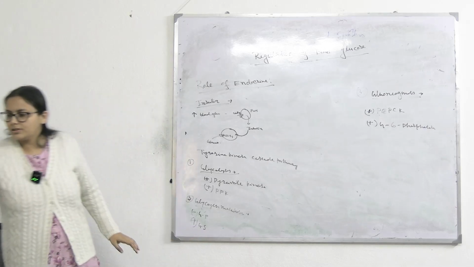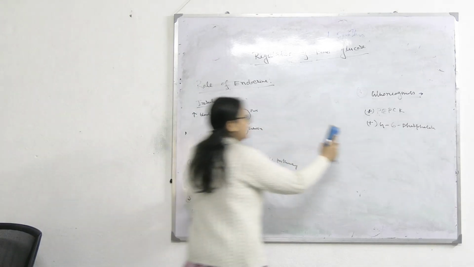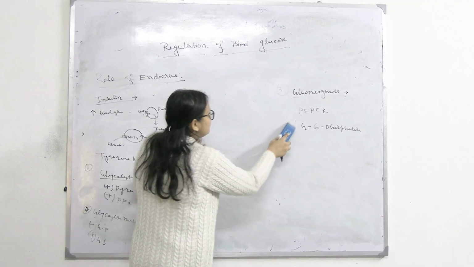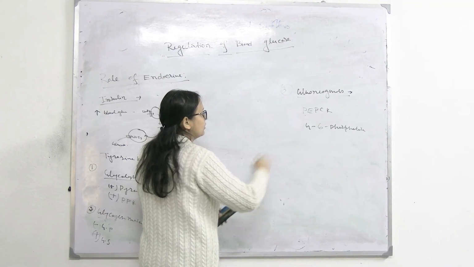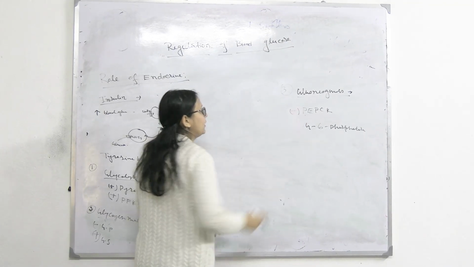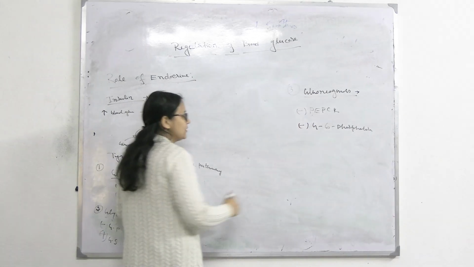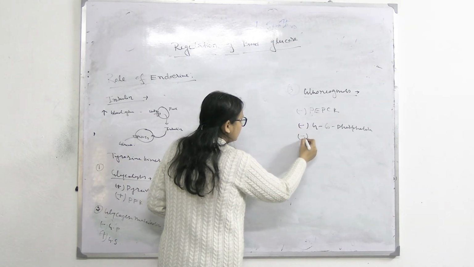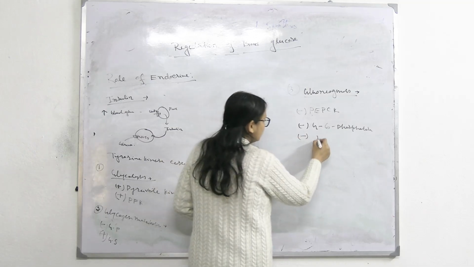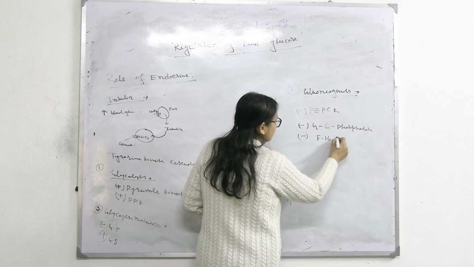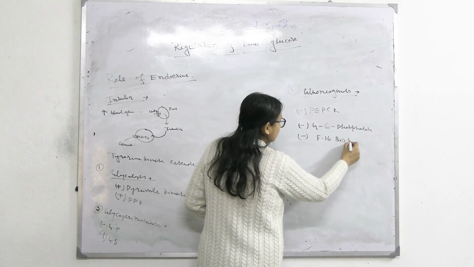Now for gluconeogenesis, it is written here, it will inhibit phosphoenol pyruvate carboxykinase, it will inhibit glucose 6 phosphatase, and also it will inhibit fructose 1,6 bisphosphatase.